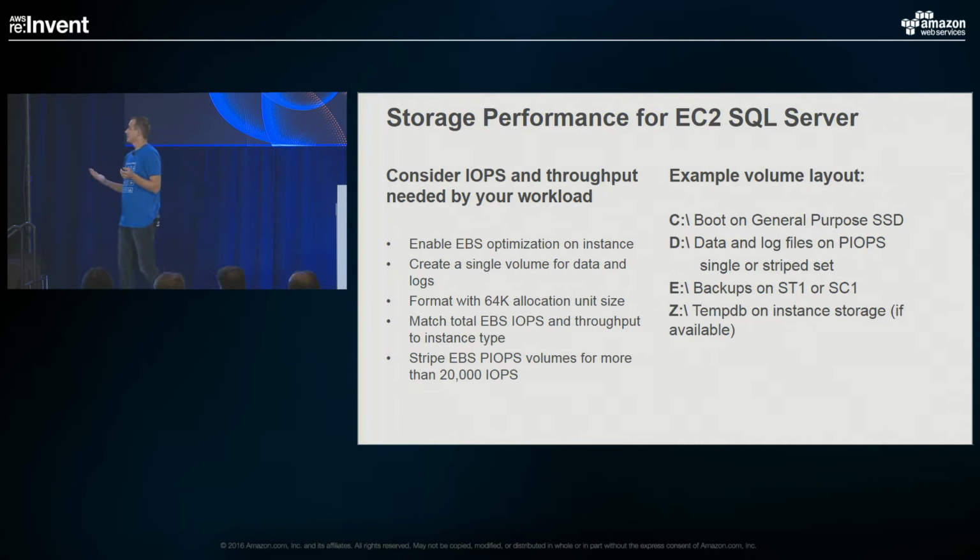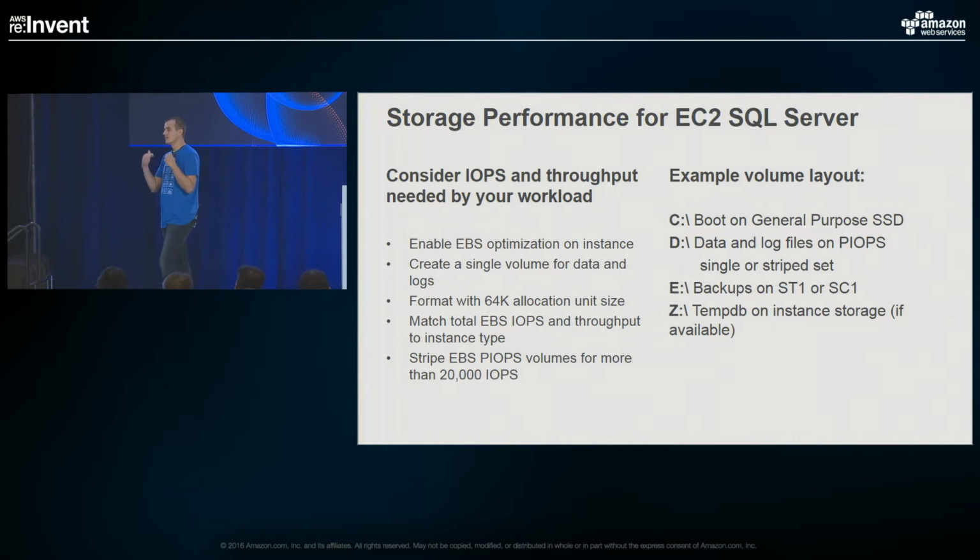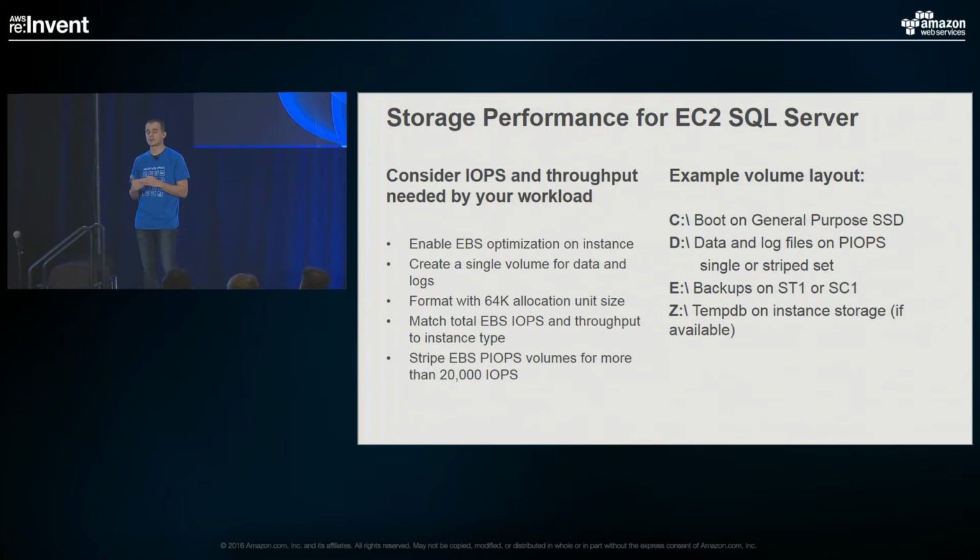And then you want to take the storage volumes that you're provisioning and format them with 64K allocation unit size. This is because SQL Server generally, on average, will issue 64K I/O to the disk subsystem. It's not just 64K I/O. It may issue some I/O operations that are smaller or larger, but typically it averages somewhere around there.